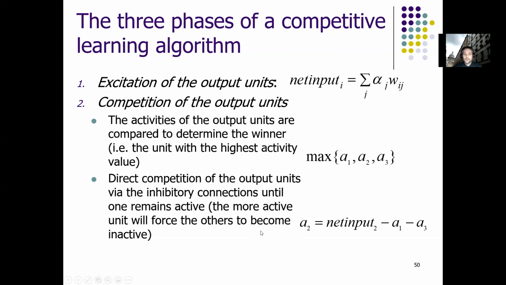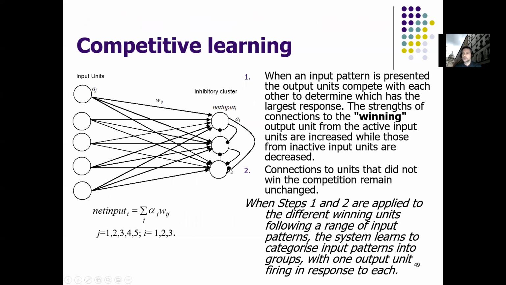So there is a kind of competition where the more active unit tries to deactivate the other units. Okay, and we calculate, for example, like in this case, the output of unit 2 depends on the total input that this unit received minus the activation of unit 1 and minus the activation of unit 3, if we have, like in this case, 3 units.